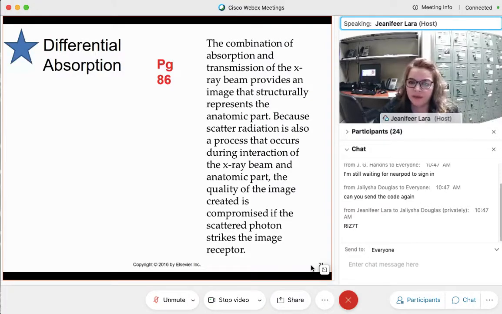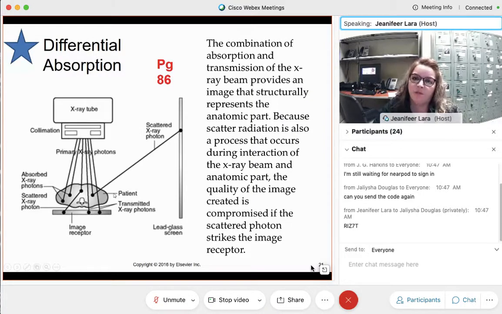So when we think about all of the processes from the X-ray tube, we know what happens in the X-ray tube. We know that we have a collimation assembly. We know what's happening when the photons exit the X-ray tube in the collimation assembly. We know now what happens when the photons enter or intersect matter. The object, whether it's a patient, whether it's a phantom, whatever the object is that is in between the source and the image receptor.